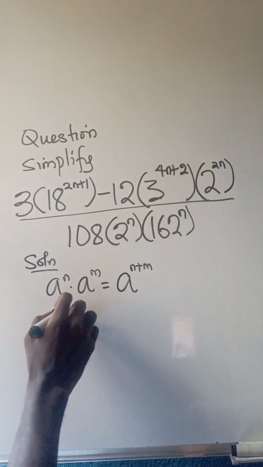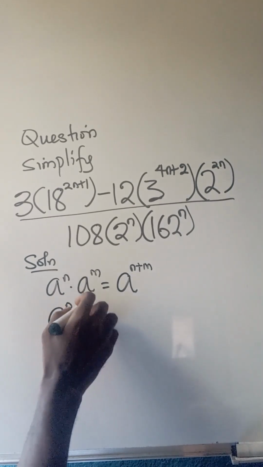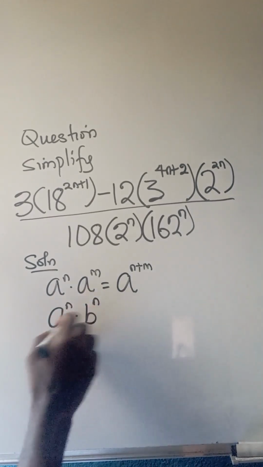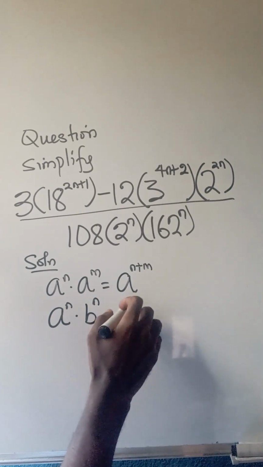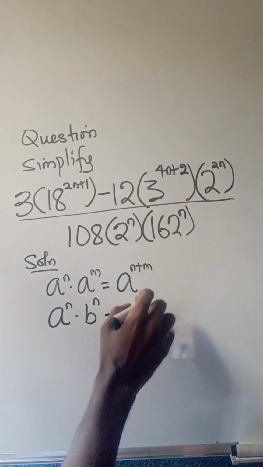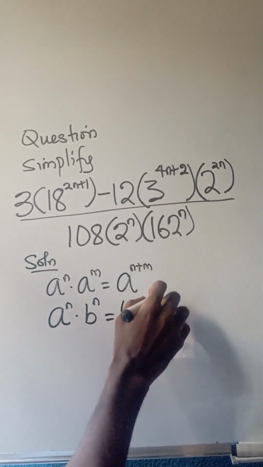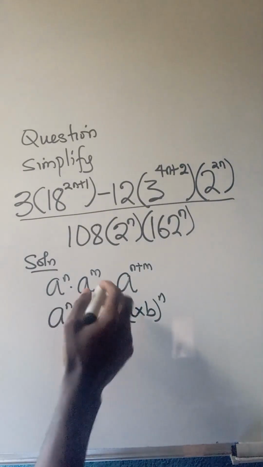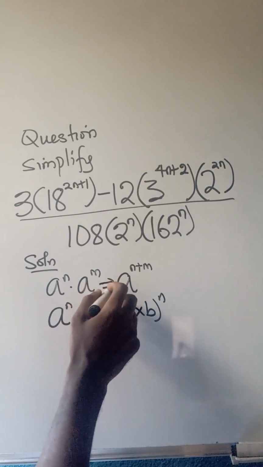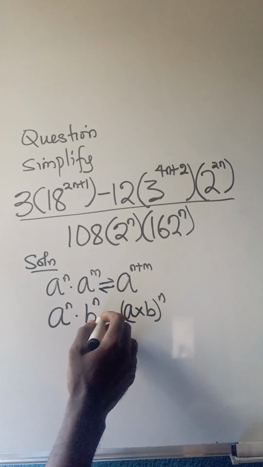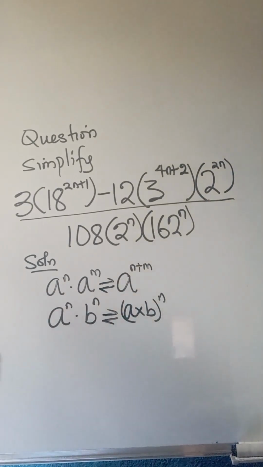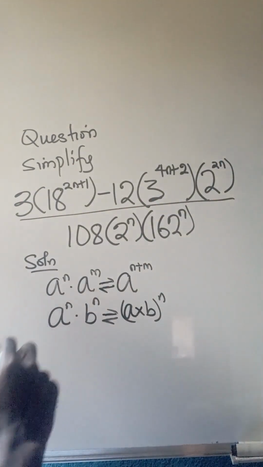And if I have the same powers but different bases, of course we are going to multiply the bases and keep one power. So the idea is this can become this, and this can become this. We are going to apply it to all that we have here.